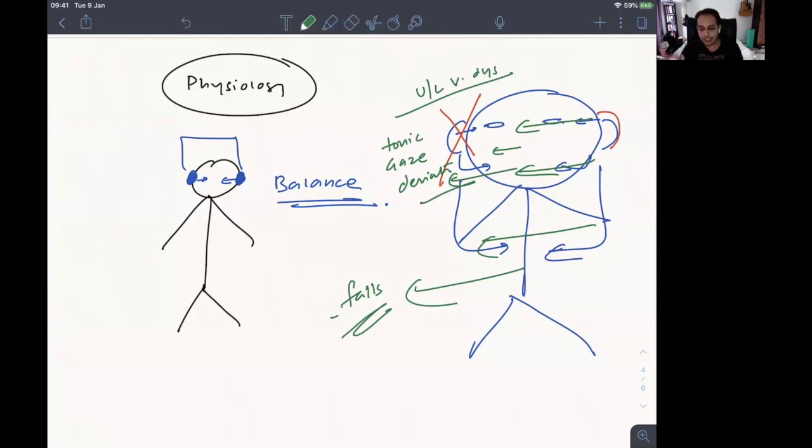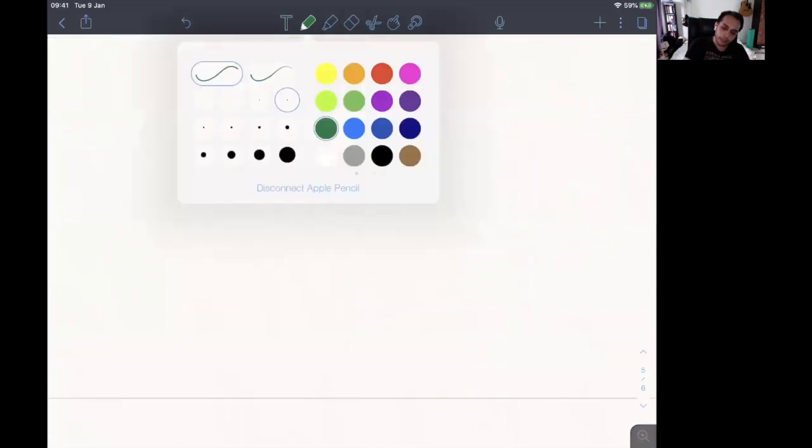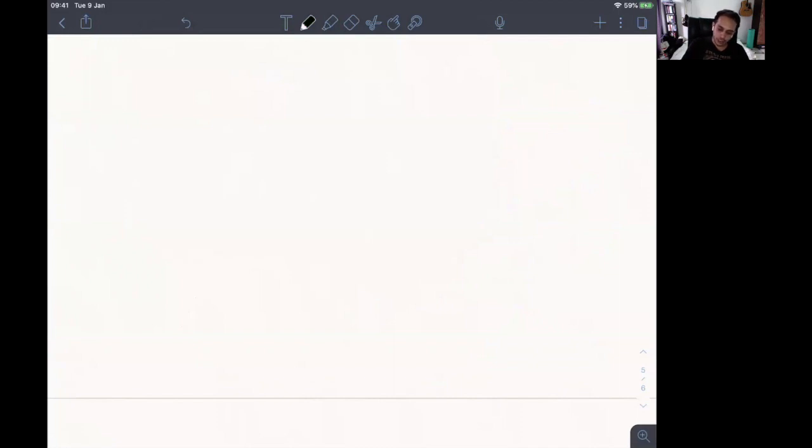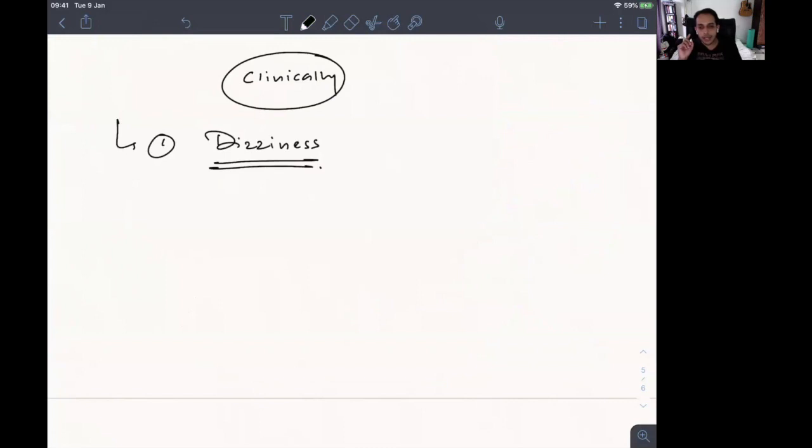Now, how will this present clinically? The clinical presentation of a vestibular dysfunction is predominantly dizziness. Now, dizziness is a vague term. So dizziness by itself does not mean much. You cannot diagnose a case of dizziness. But dizziness can mean multiple things. So dizziness can mean vertigo.